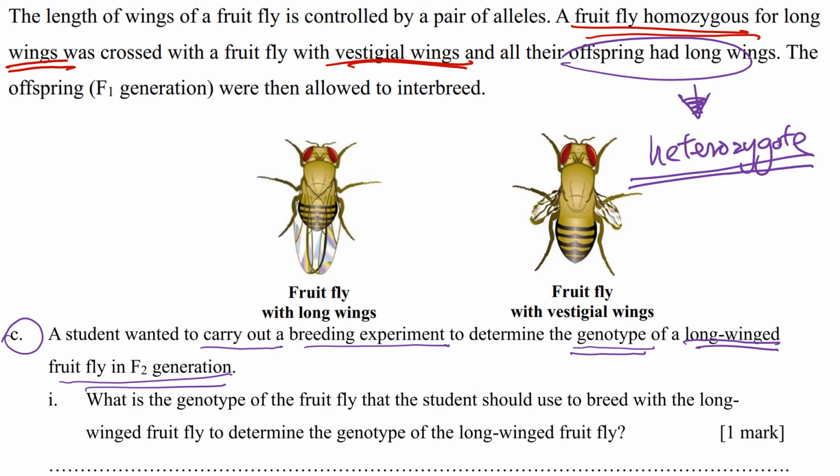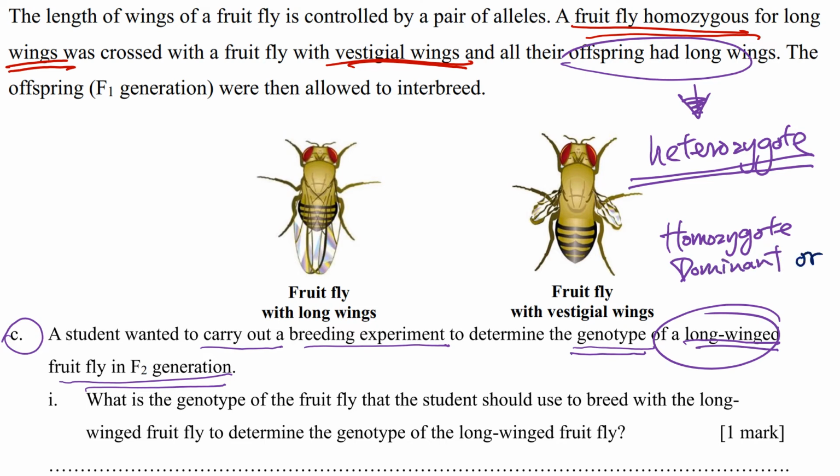But here, the problem is you do not know whether the long wing is homozygote dominant or heterozygote. You have no idea. So therefore, you have to do a test cross.